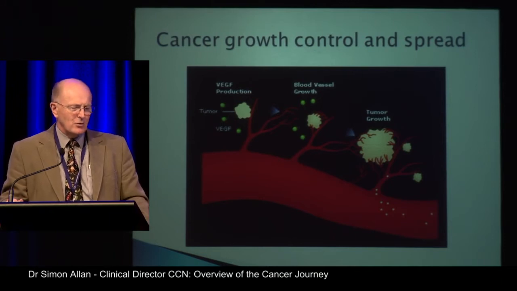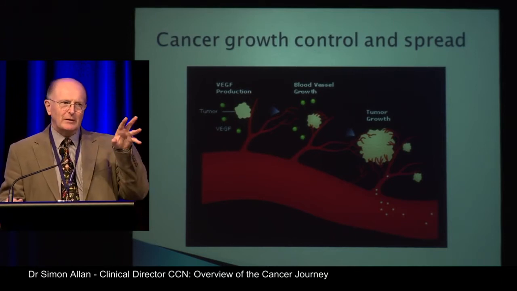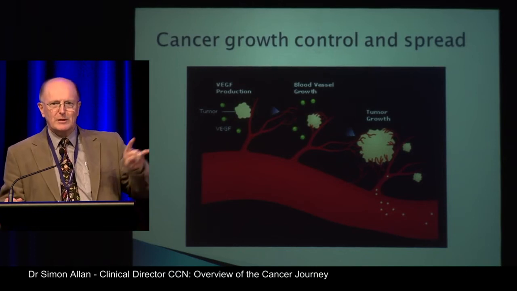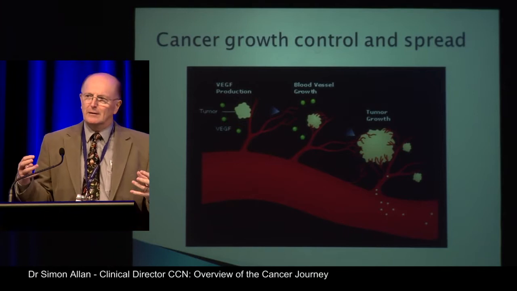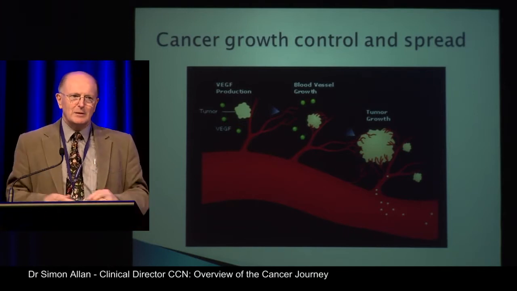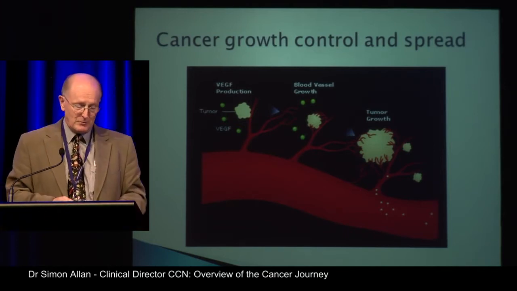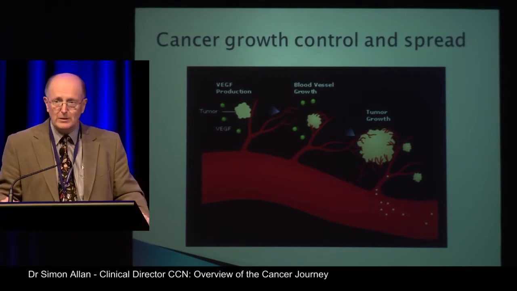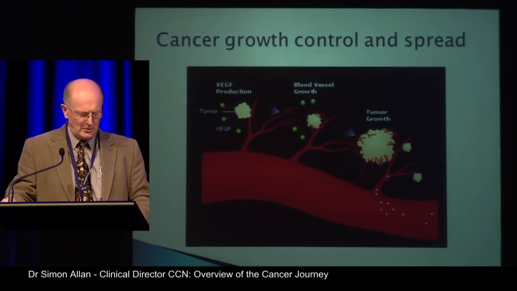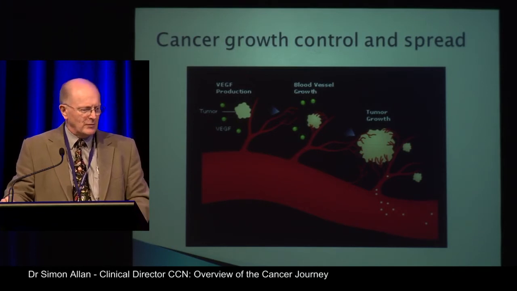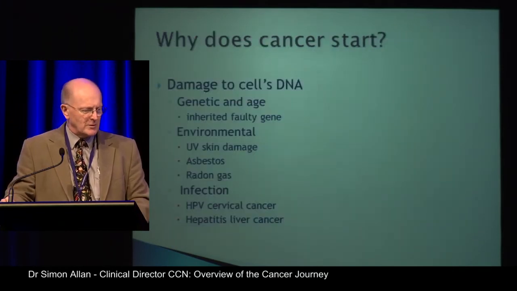And as time goes on, some of those signals say, hey, we could do a bit of a blood supply, so it encourages blood vessels to grow in and nourish it so it can get to a bigger size. Some tumours can get to 20, 30 centimetres in size, which is quite a big chunk, although most tumours are quite a bit smaller than that.